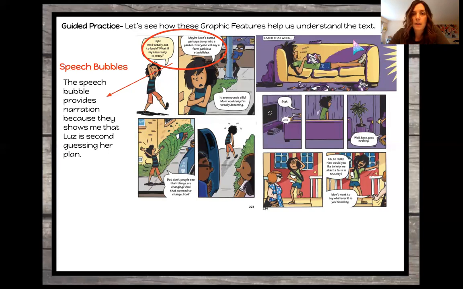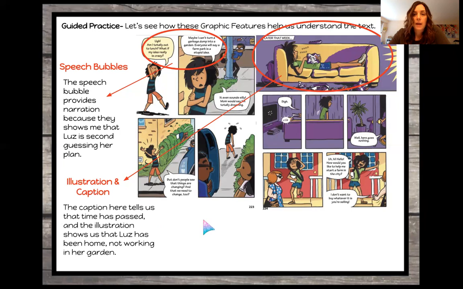And now at the top of the next page, there's a caption that says later this week. And that's it. Luz isn't talking, so I have to look at the picture and see what's going on. It looks like she's lying on a couch and she's eating something, and there's lots of garbage snack bags on the floor underneath her. So this is an illustration with a caption.